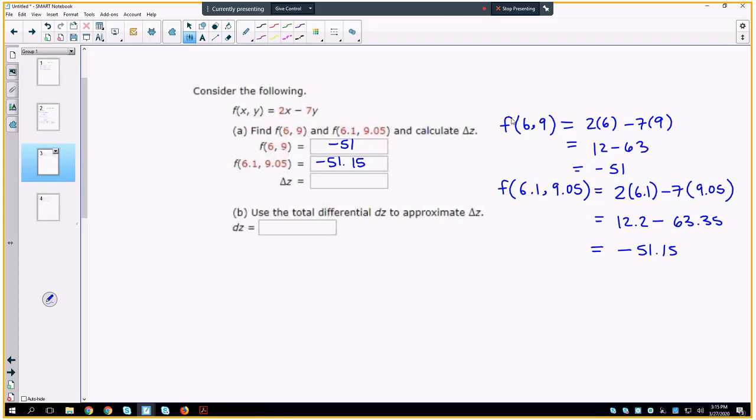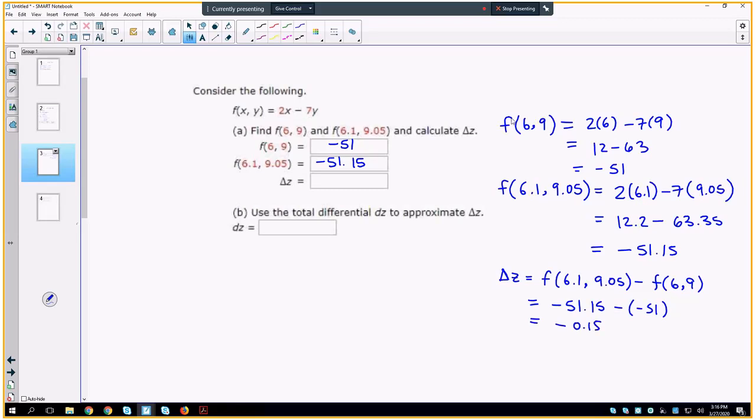So the change in z is going to be delta z, and that should just be f of 6.1 and 9.05 minus f of 6, 9, which is minus 51.15 minus 51, and that's minus 0.15.